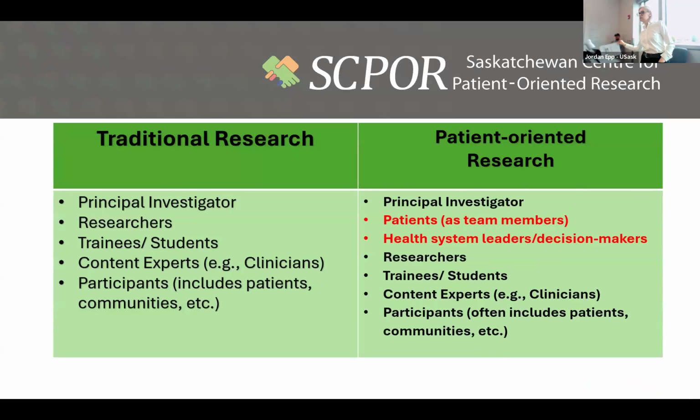So how does patient-oriented research actually differ from traditional research? If you've done any courses in research, you've probably seen it from a very traditional point of view. And that's where there's a principal investigator. We often call them the PI, and they sort of lead the charge.